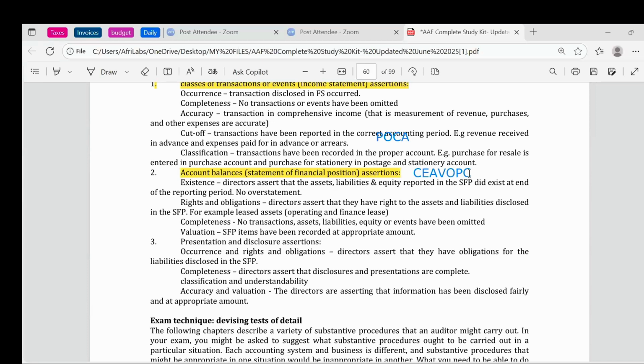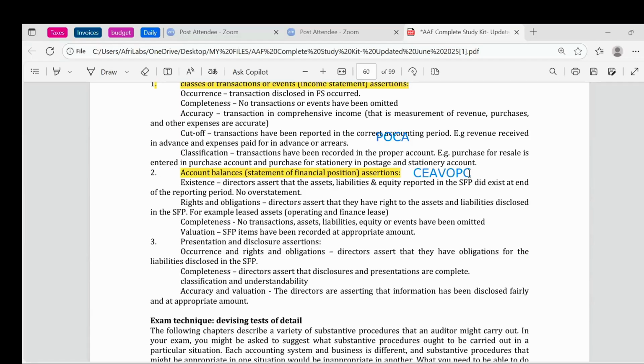And why is something a liability? It's because there's an existing obligation to carry out that particular service. That is why it is an obligation.